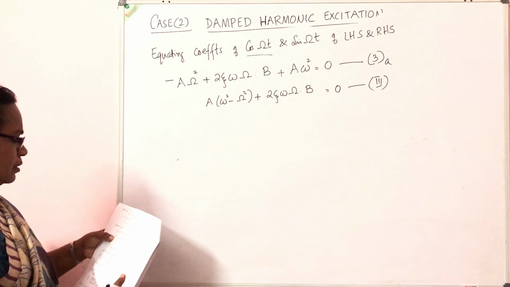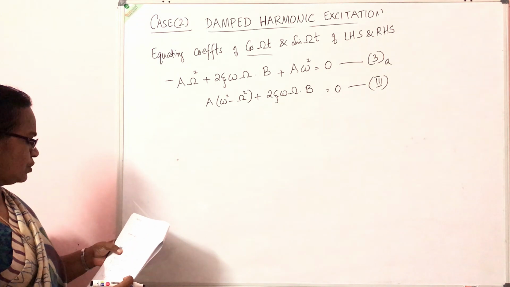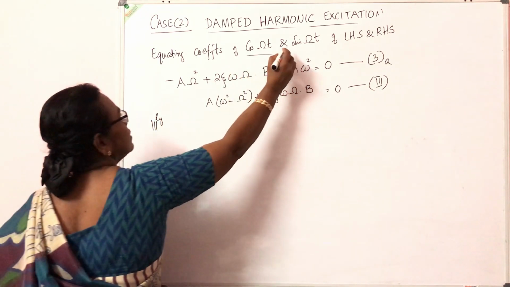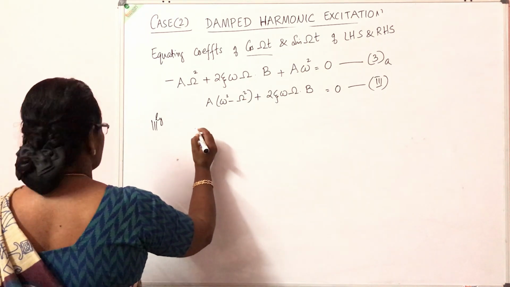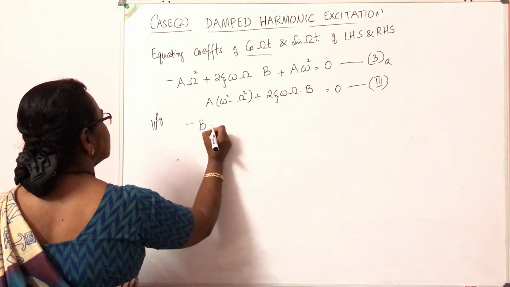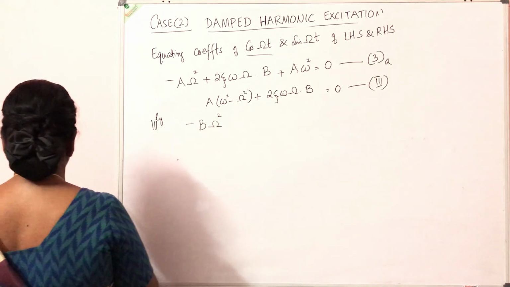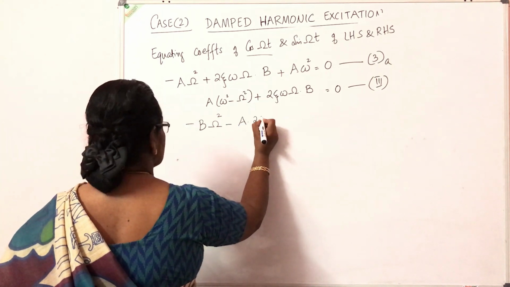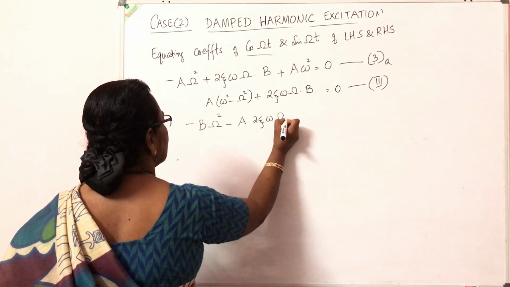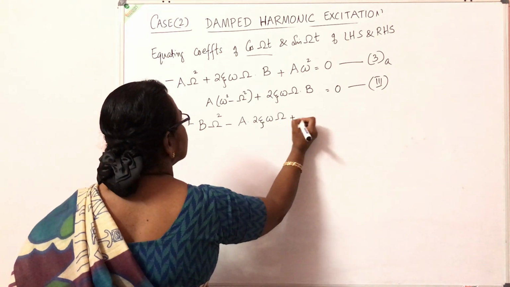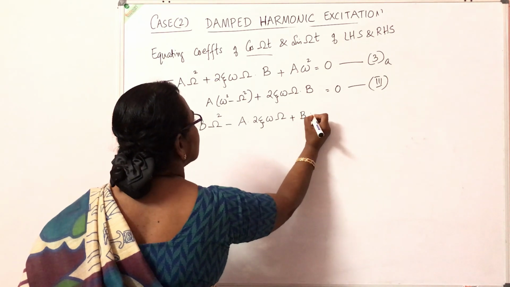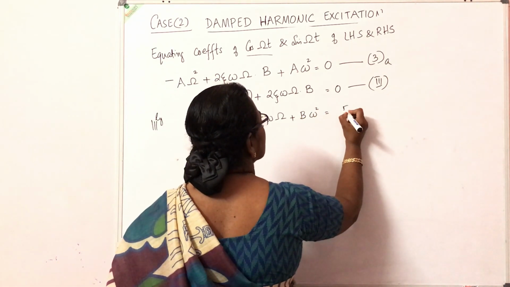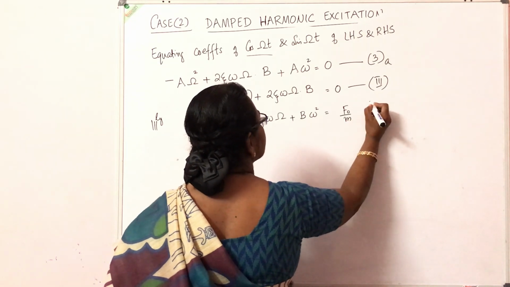Similarly, by comparing the coefficients of sin omega t on both sides, comparing sin omega t terms on both sides, we will get minus A 2 psi omega capital omega plus B omega square minus capital omega square is equal to F0 by M.